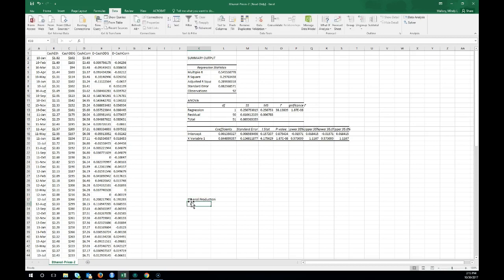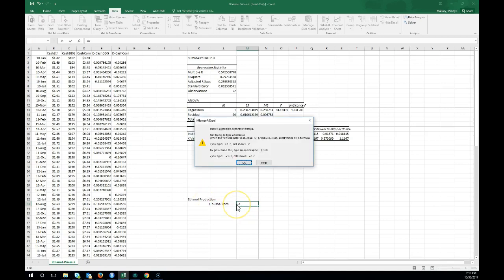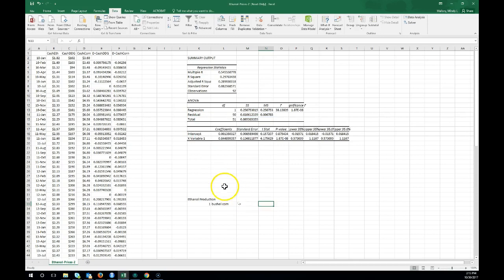Here I'm just going to note the ratios that we get. So if we do 1 bushel, okay, 1 bushel of corn, we get 2.8 gallons of ethanol.